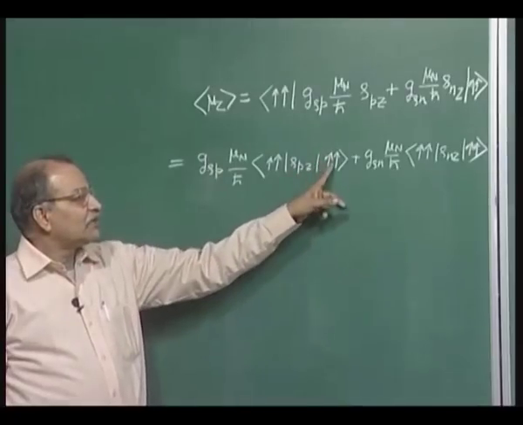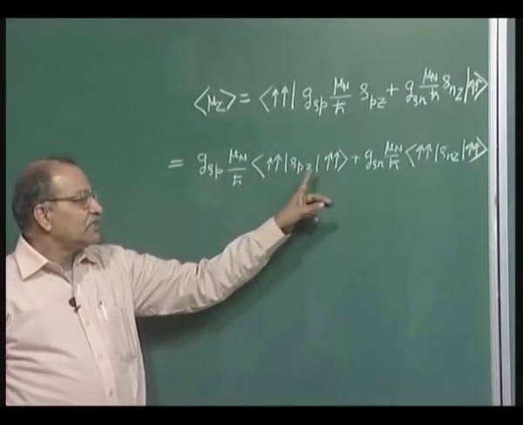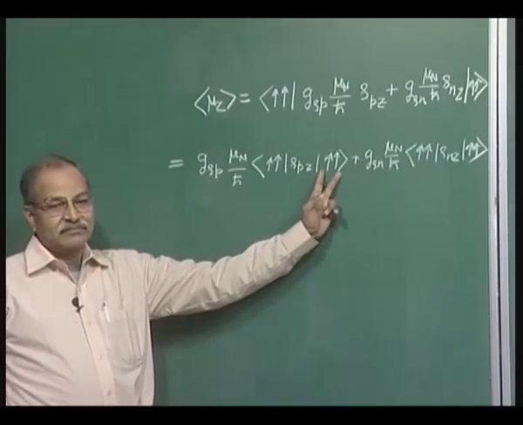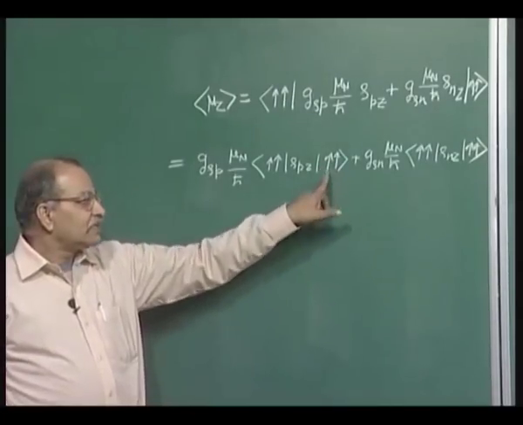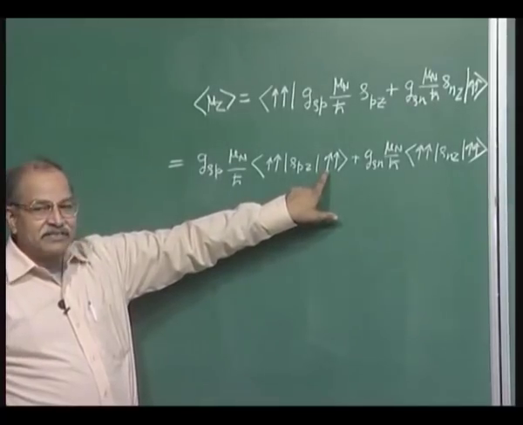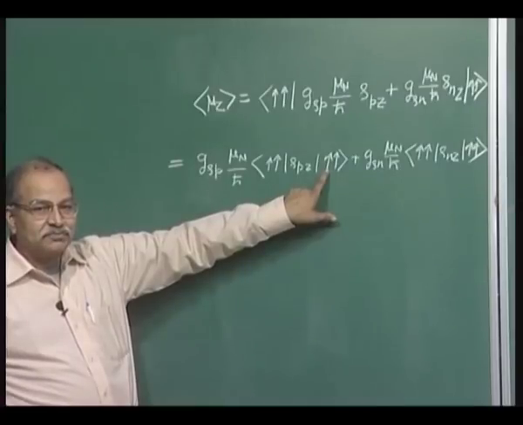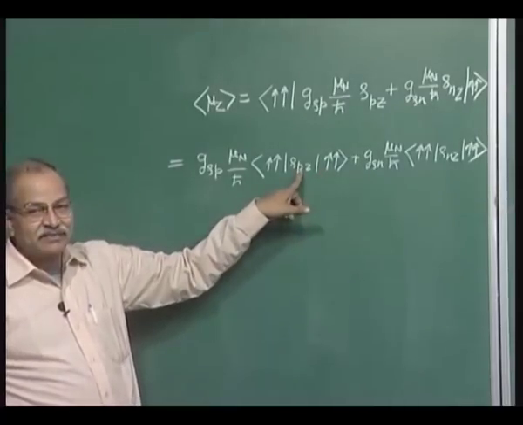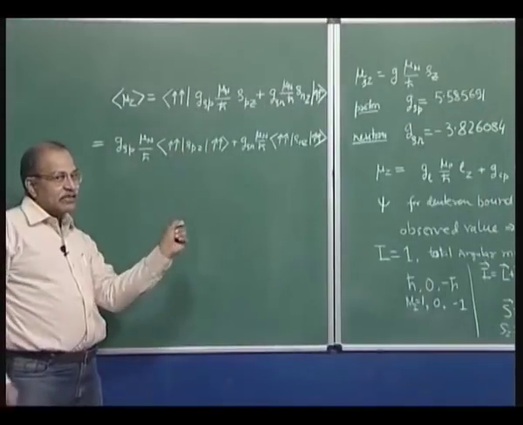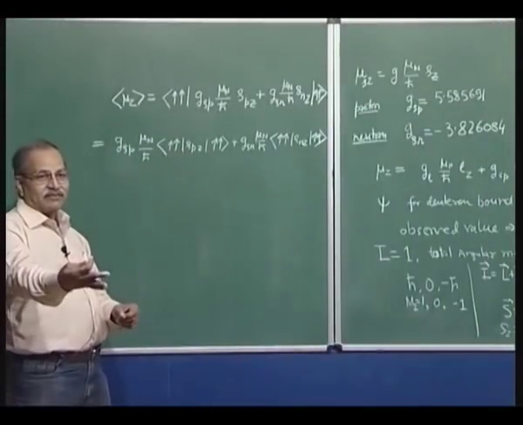So, this operating on this wave function will give me h cross by 2 into this wave function, right, because here the z component of spin of proton is definite, it is h cross by 2. So, when you apply S P z on this, it will just give you that eigenvalue times the function.